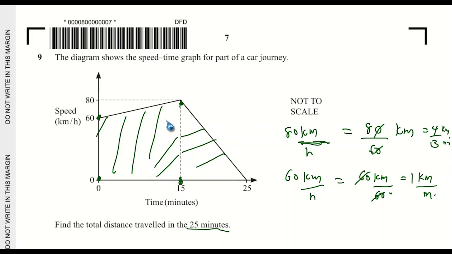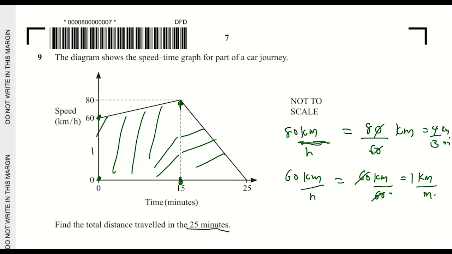The first one is from 0 to 60, which is 1 kilometer per minute instead of 60 kilometers per hour, and this one is 4/3 kilometers per minute.